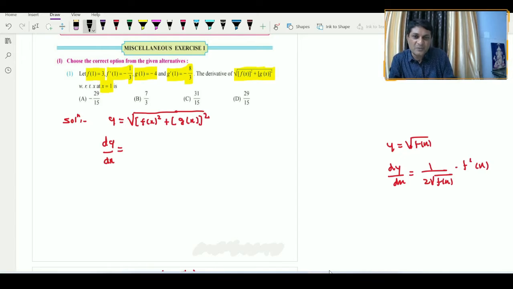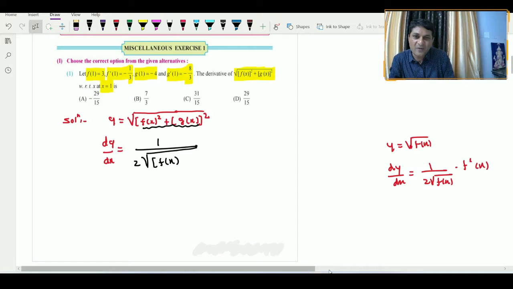According to this standard formula, see what we will get, 1 upon 2 under root. अब ये जो पूरी टर्म है ये हो गया हमारा f of x, means what we are getting here, square of f of x plus square of g of x, into its derivative, into derivative of square of f of x plus square of g of x.